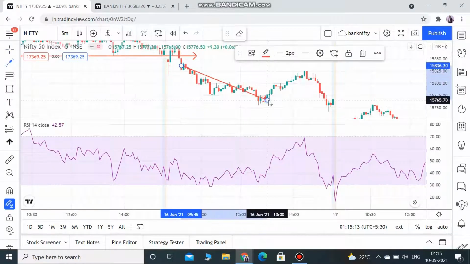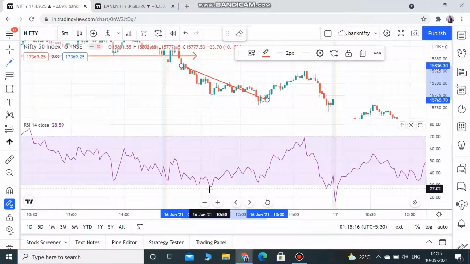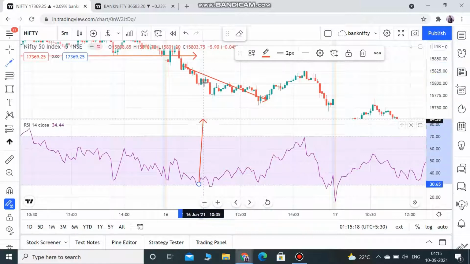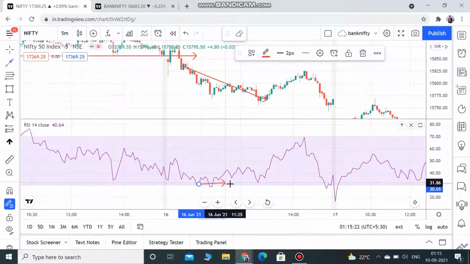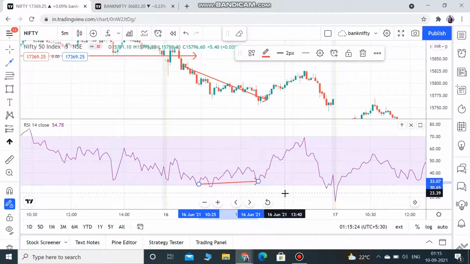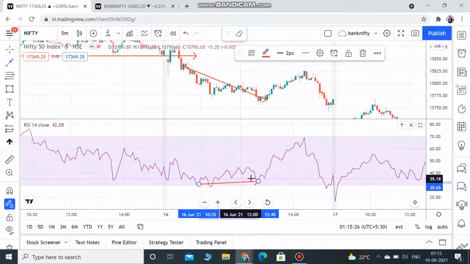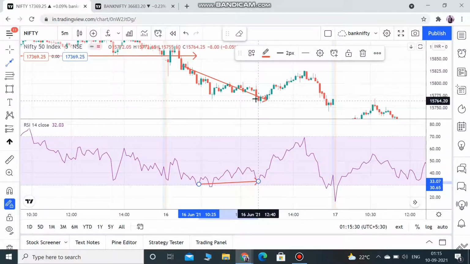The market is in the downtrend, but here it is holding at this point, and there is a reversal here. That is what our divergence says. So you can blindly take a buy here, but we are not looking at RSI right now. We are looking at trading with the trend and the pullbacks.